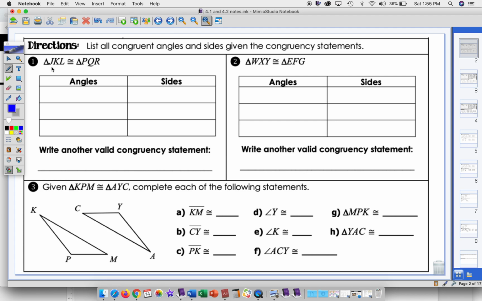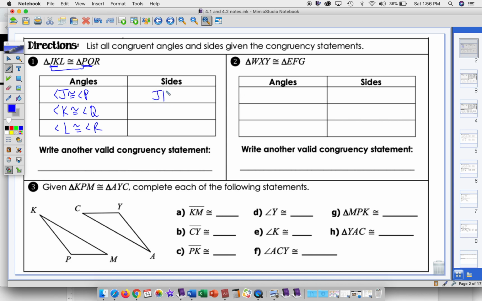I know right away that if this statement is true, then J corresponds to P, which makes angle J congruent to angle P. Angle K is congruent to angle Q. Angle L is congruent to angle R. For my sides, I have JK, which corresponds to PQ.